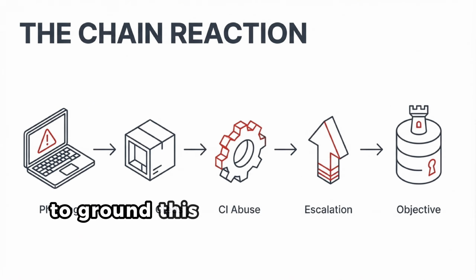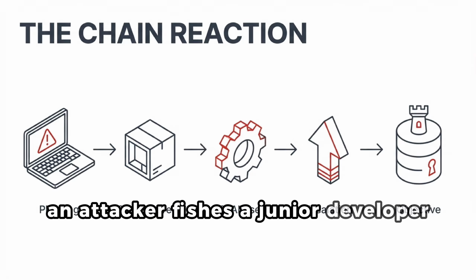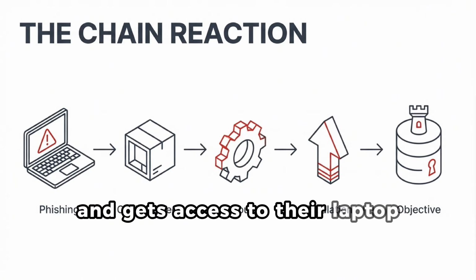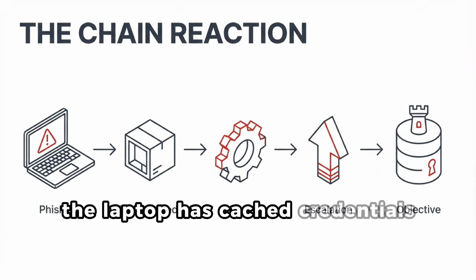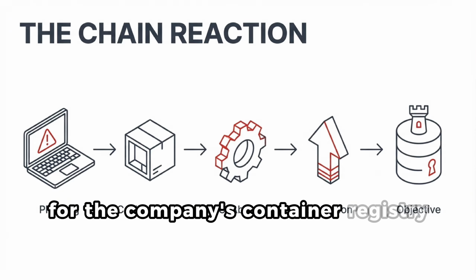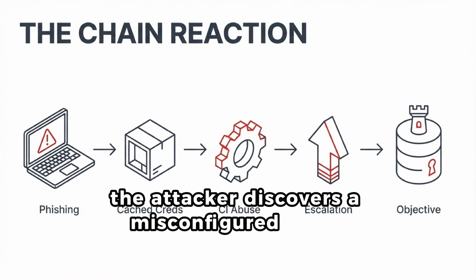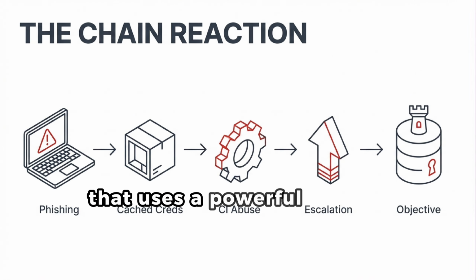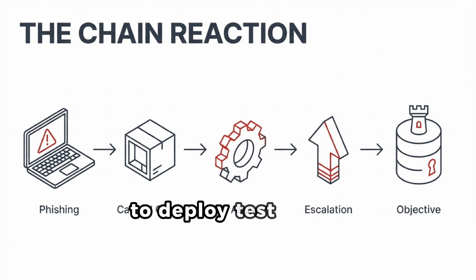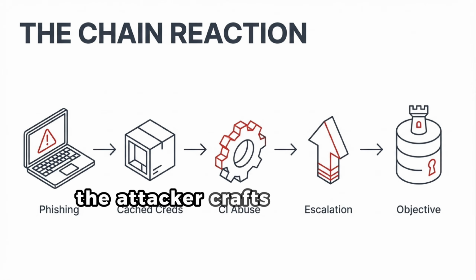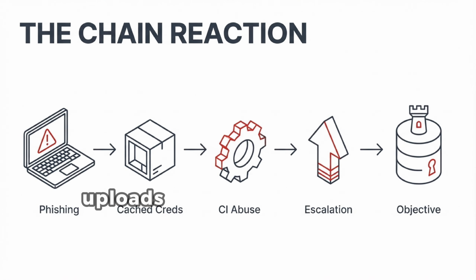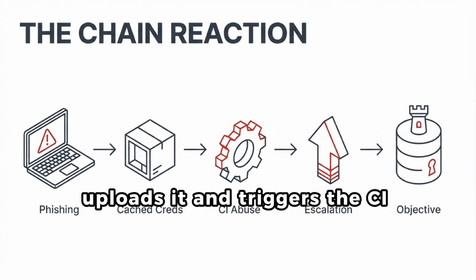To ground this, imagine a short story. An attacker phishes a junior developer and gets access to their laptop. The laptop has cached credentials for the company's container registry. From the registry, the attacker discovers a misconfigured CI job that uses a powerful service account to deploy test builds. The attacker crafts a malicious artifact, uploads it, and triggers the CI pipeline.